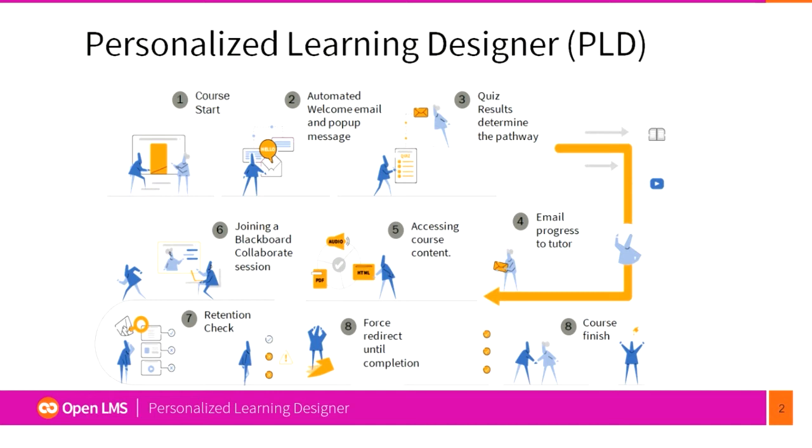You can set it up so that after achieving a certain grade or meeting a certain requirement, they can access other course content. They're able to join a Blackboard Collaborate session based on what you set up in the PLD. There's retention check, forced redirect until completion. So a number of ways that you can use the PLD within a course.